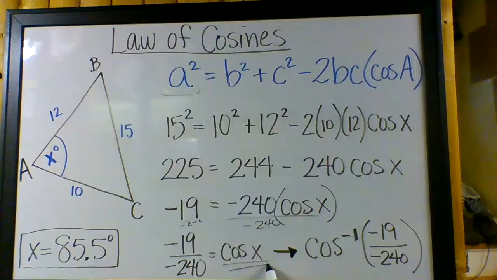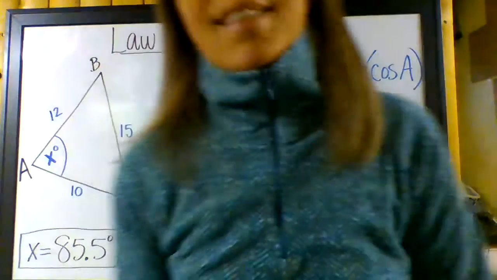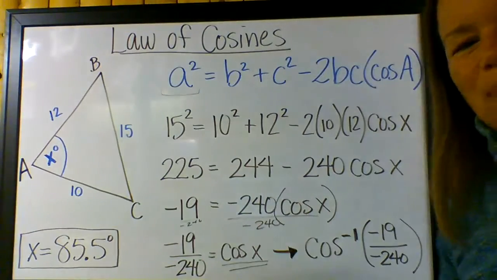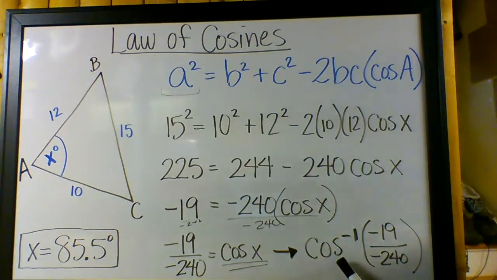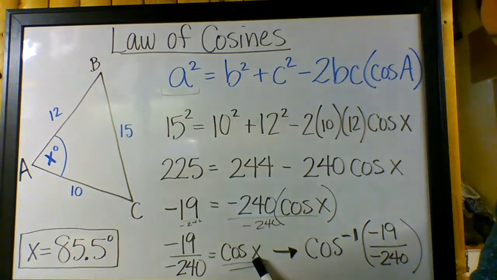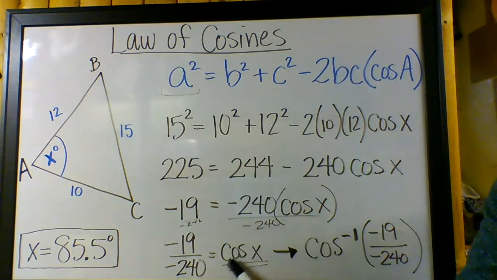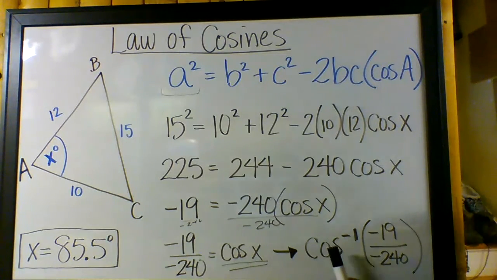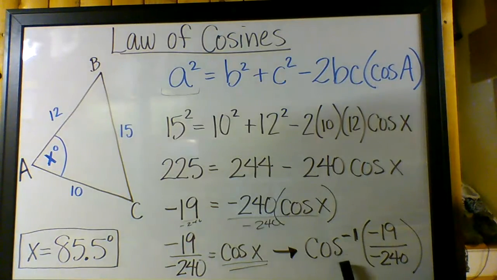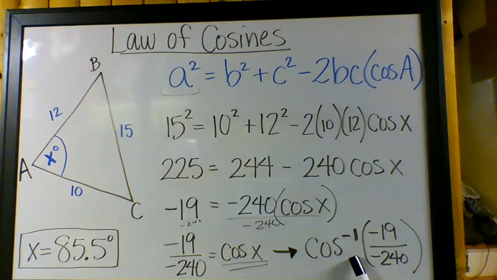And hopefully you've been paying attention to how to find the angle if we know its cosine. The cosine of this angle equals this value, then the inverse cosine, cosine to the negative 1, of this whole fraction gives me the angle value.